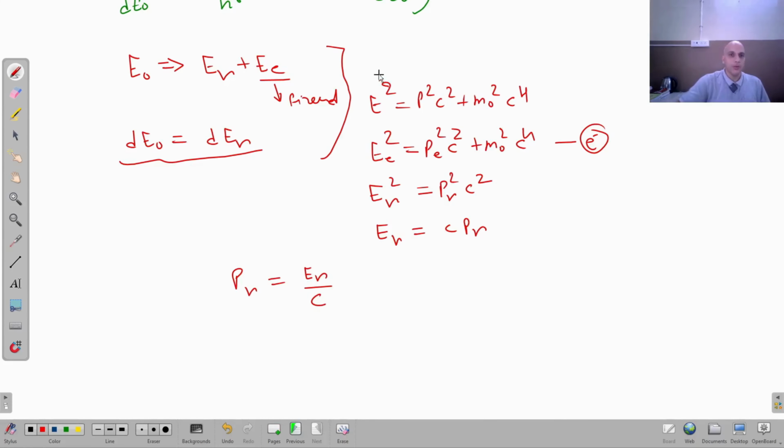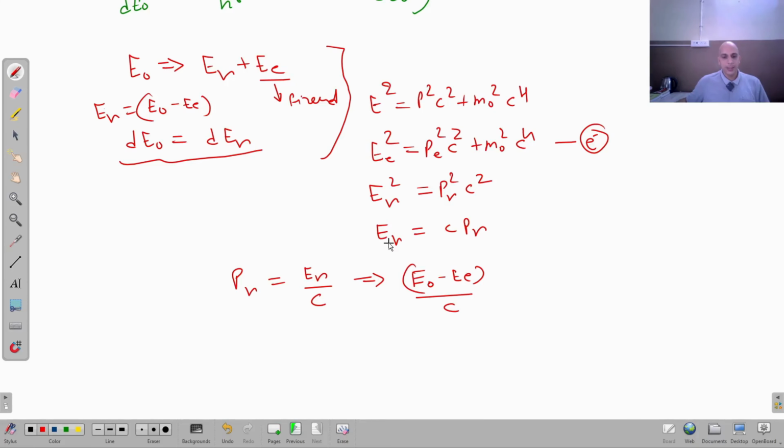Now E neutrino, from here you can see, is equal to E naught minus E electron, right? So now I can write it here as E naught minus E electron divided by C. Now I am going to put all these values here.